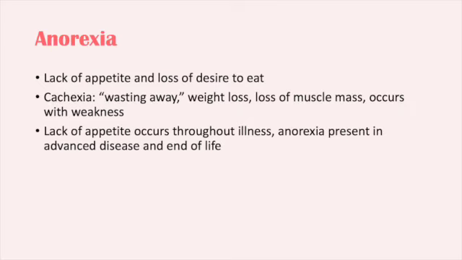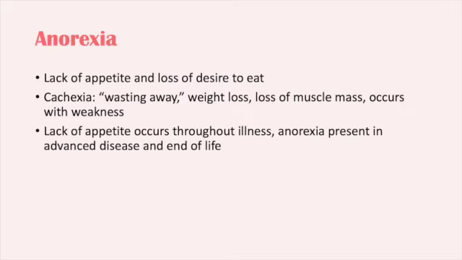Anorexia is the next symptom. That's lack of appetite and loss of desire to eat. Cachexia is wasting away or weight loss, which is a loss of muscle mass, and that occurs with weakness. So a lot of times with our end-of-life residents, they may not have an appetite, and this would fall into that category.